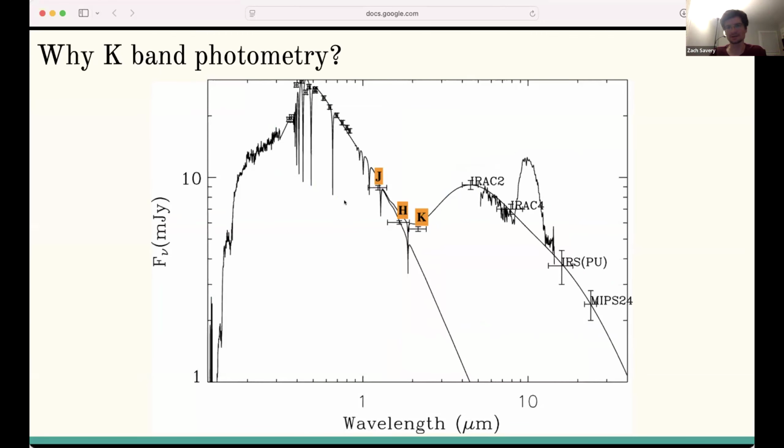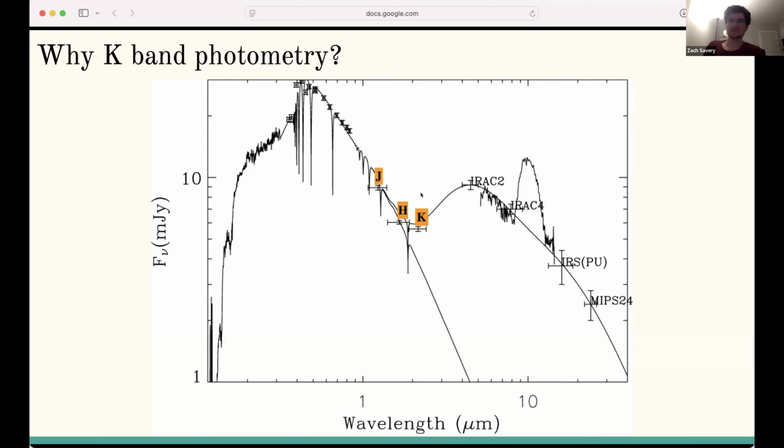I wanted to go over real quickly why we want K-band photometry specifically as part of this project. As the artist rendition showed, G29-38 is a white dwarf with a debris disk, and recent work in 2024 led by Ted von Hippel showed that when observing the debris disk in the infrared, out to about 2.5 microns and a little bit longer, you can see that the debris disk is reprocessing the photospheric pulsations from the white dwarf itself.